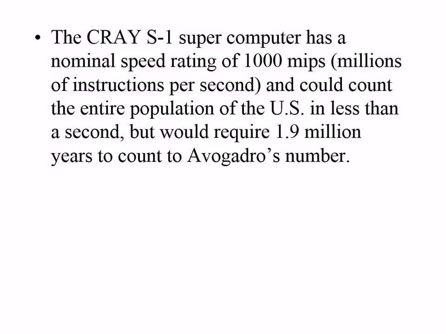This computer can do 1,000 millions of instructions per second. In fact, at the time this was written, to count the US population, it would take less than a second. But if you were to have that computer do a mole of iterations, it would take 1.9 million years. And again, what's the point?